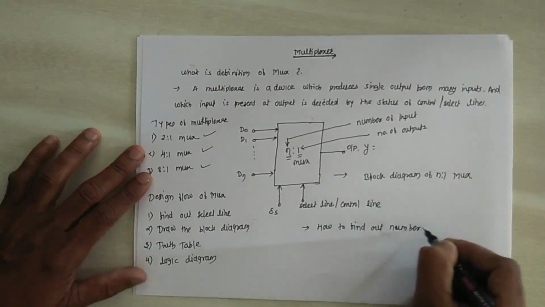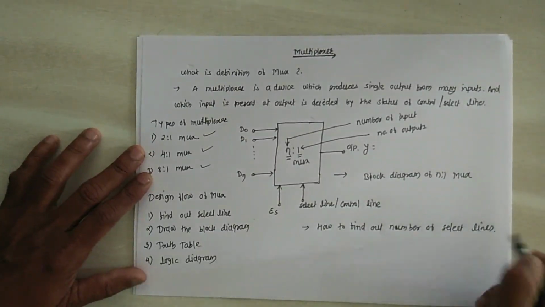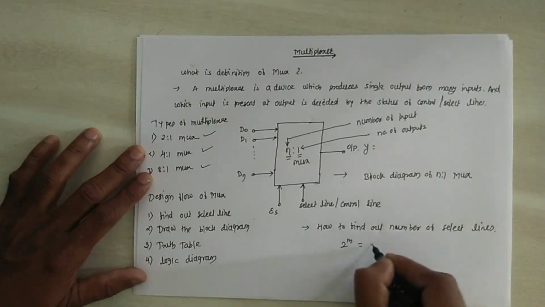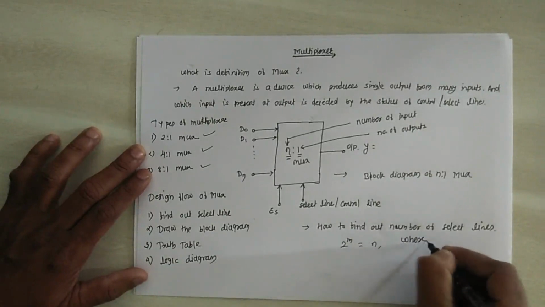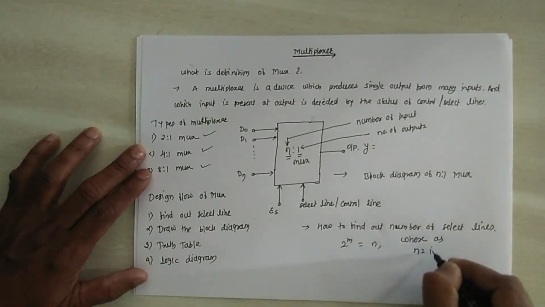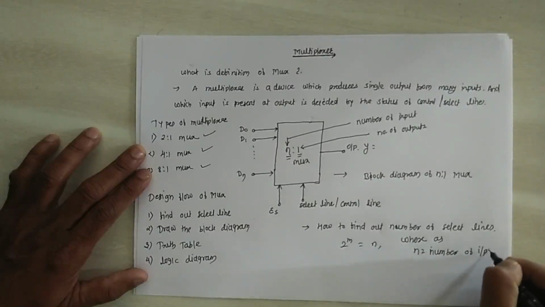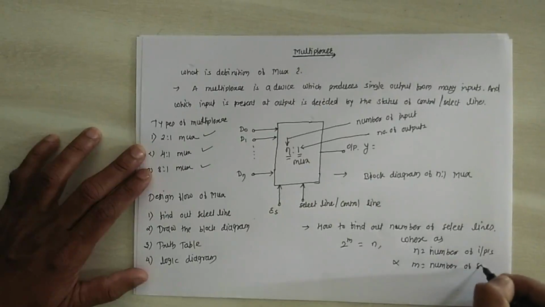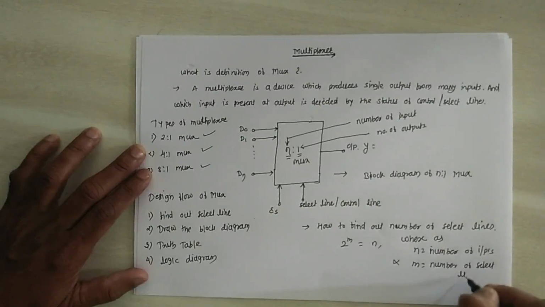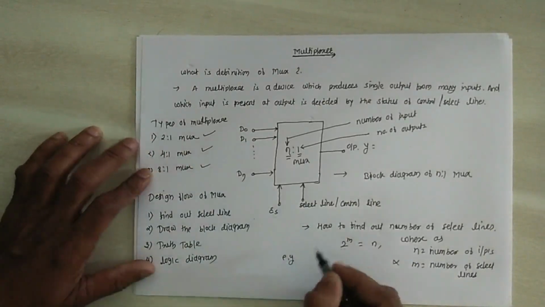For that we have to use the formula 2^m = n, where n is the number of inputs and m is the number of select lines. For example, we want to implement a 2:1 mux.